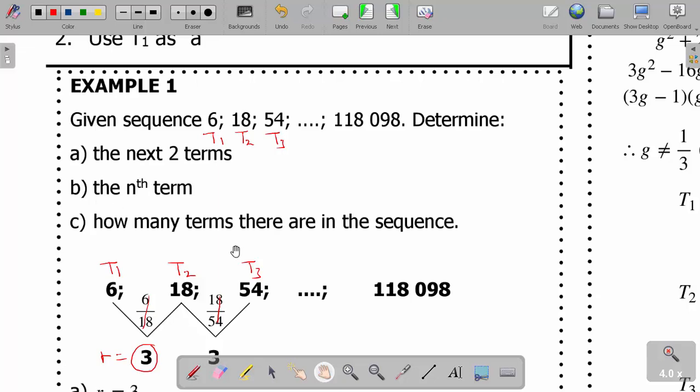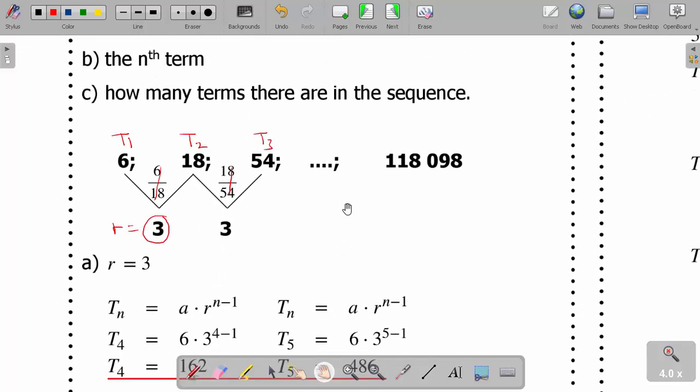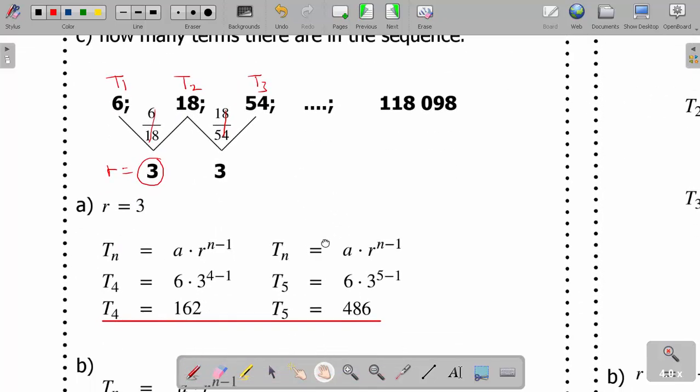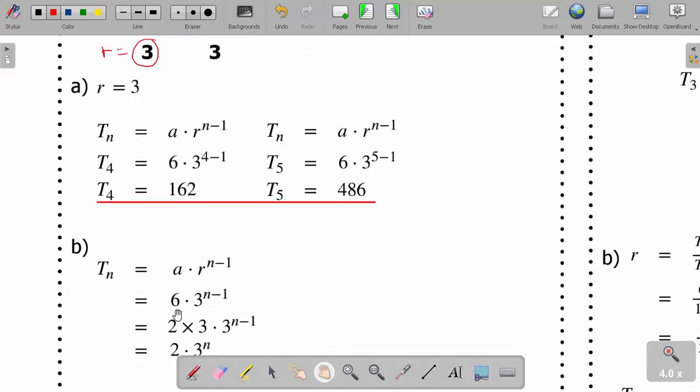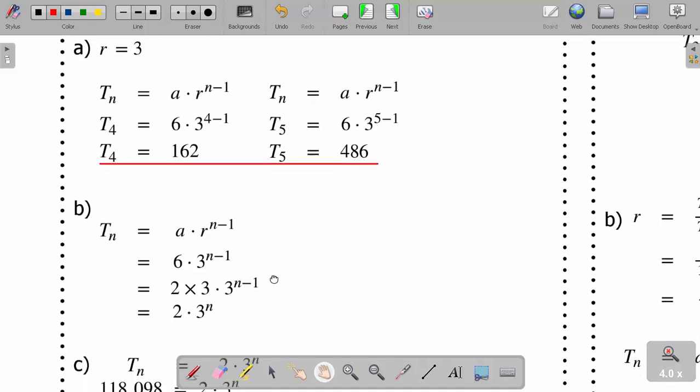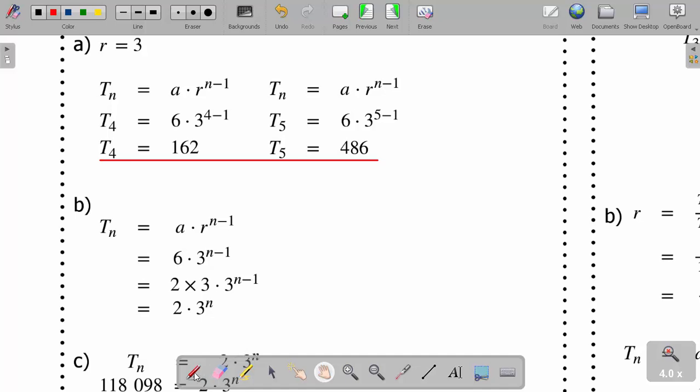The nth term. Because we have the common ratio and also have the first term, so that is so simple. It's going to be 6 multiplied by 3 power n minus 1, okay? But what do we know, guys? We know that our 6 is the same as 2 times 3, right? So because of that, I know that 3 is the same as 3 power 1, okay?